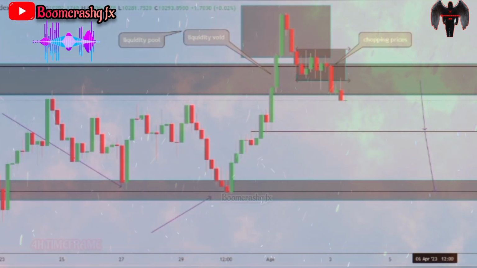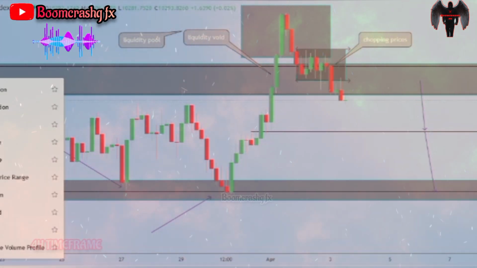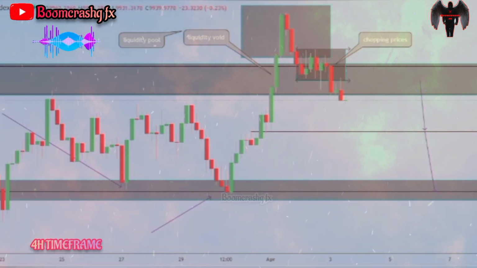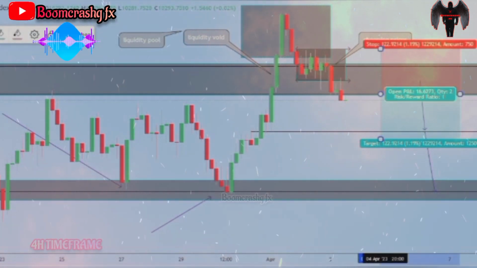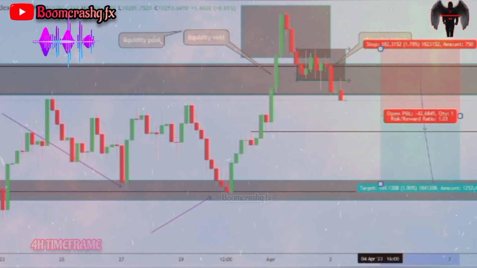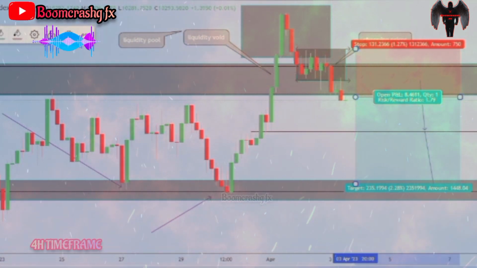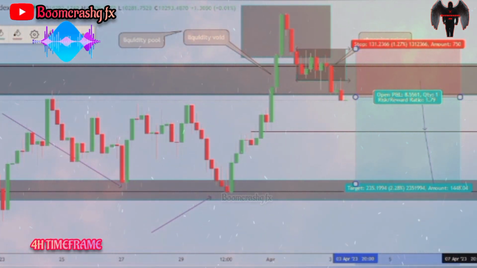So I'm looking at a range of going short possibly to this zone, but our first target will be this particular marked out price, 10,208.